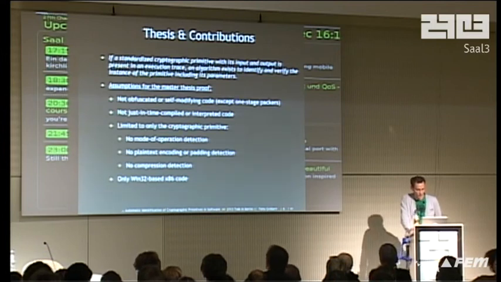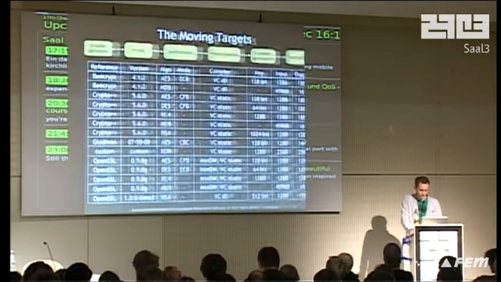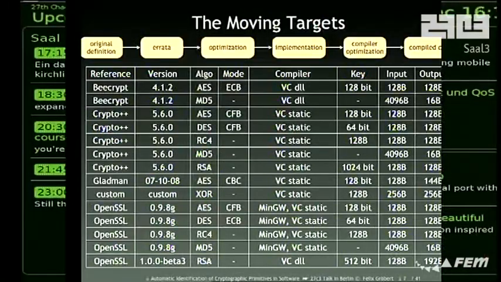I defined some moving targets for Windows 32 and x86, which you see over here. These are moving targets because you have an original definition of the cryptographic primitive in the original paper, but then you have errata, compiled and written later by the scientific community, saying you shouldn't use that key, or you should watch out for implementation-specific attacks.